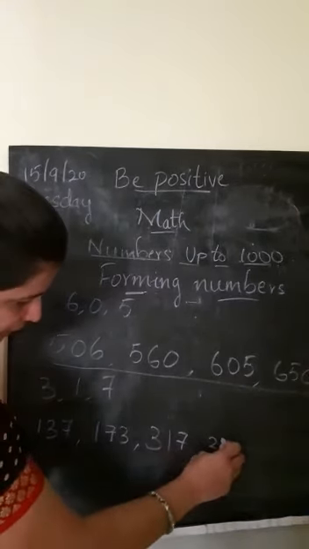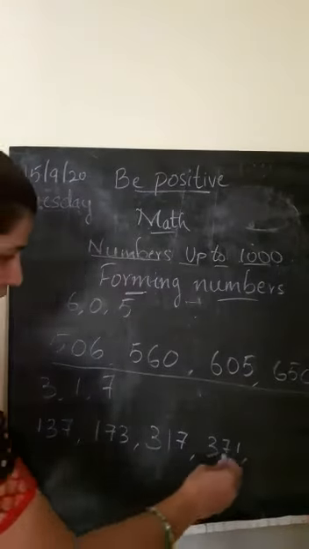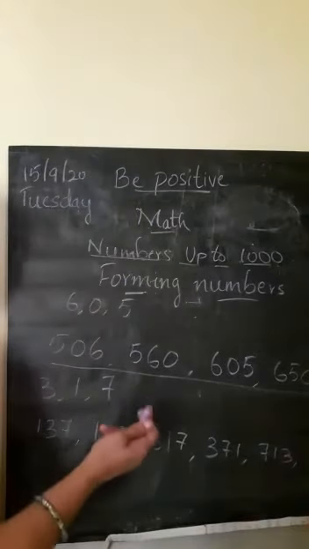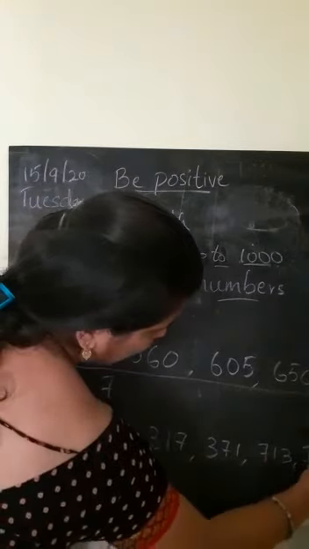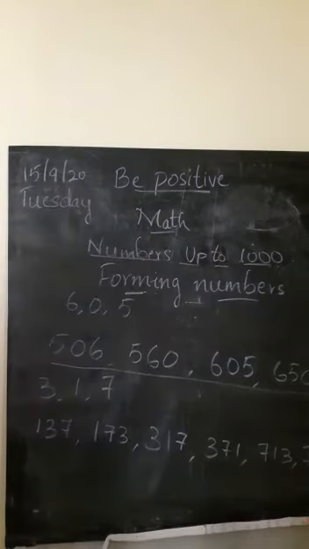Next 371. Next 713. And the next one, 731. Like this we can form numbers, right? So the remaining two you can try. You can form the possible 3-digit numbers using 4, 5, 8 and 4, 5 and 6.